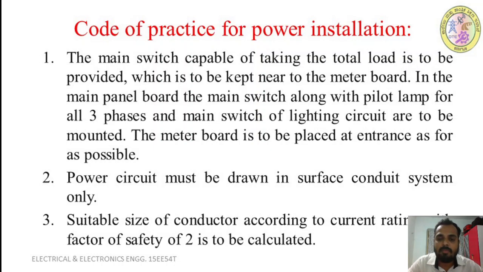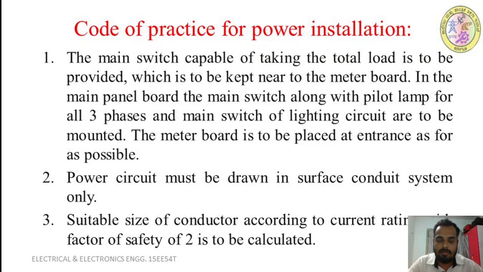The machines may be of different sizes, different ratings and different kinds. The code of practice for power installations means the standard procedures we have to follow while installing those machines in a factory or a workshop. Those procedures are called the code of practice for power installations.